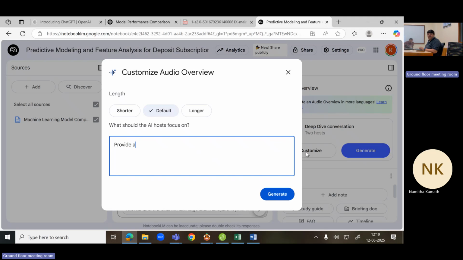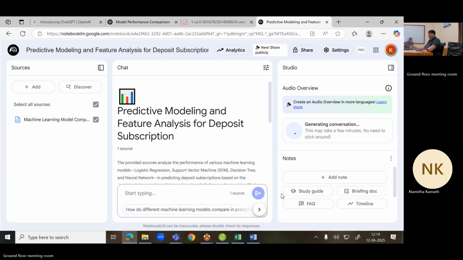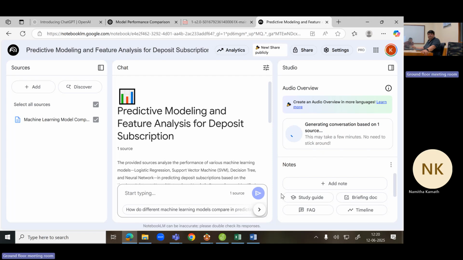Here they provide you a detailed discussion of various factors and their theoretical and practical implications. Okay, just put that across. Then you click on generate. This may take some time.